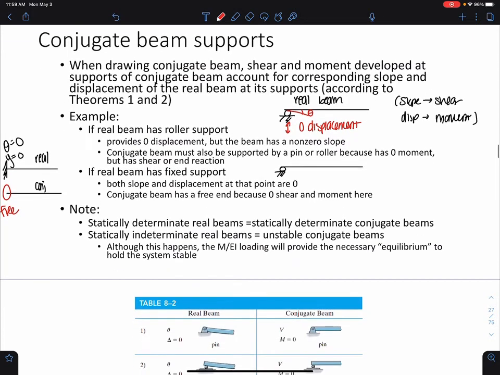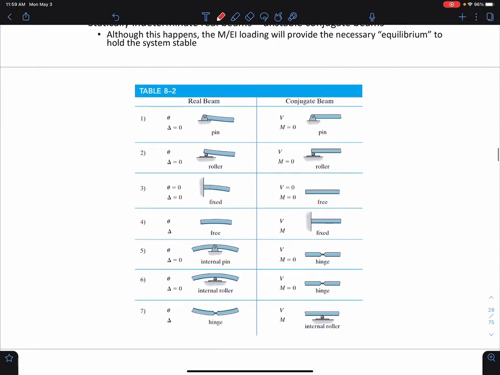So here is a table that you can use as a reference. All you have to do is look at what your real beam has to offer. And then you can convert it to a conjugate beam by just switching up the support appropriately. So for example, let's say your real beam is given like this, fixed support and a free end.